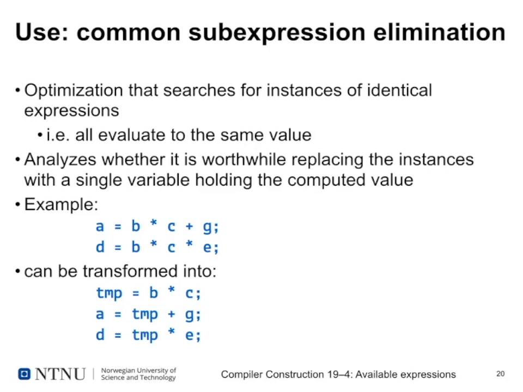For example, if we have these two expressions, a equals b times c plus g, and d equals b times c times e, we see b times c is calculated twice here, so maybe we could transform it to calculate b times c only once, store it in an intermediate variable, and then use this intermediate variable instead of the original expression to calculate a and d.